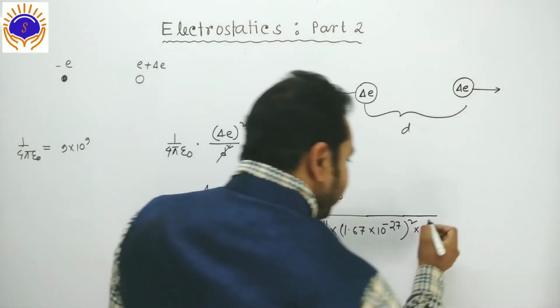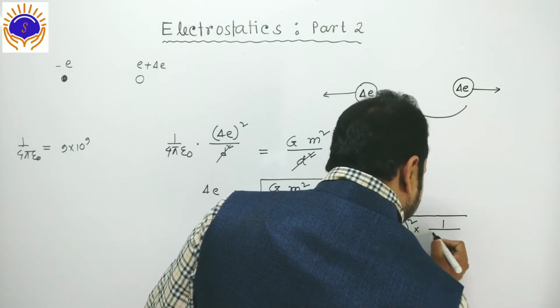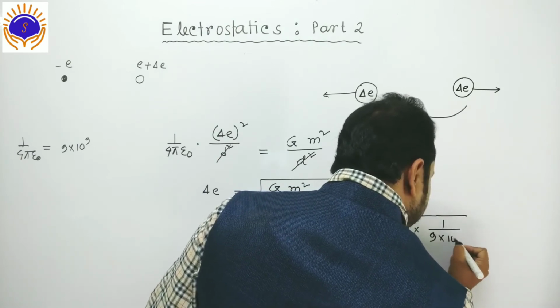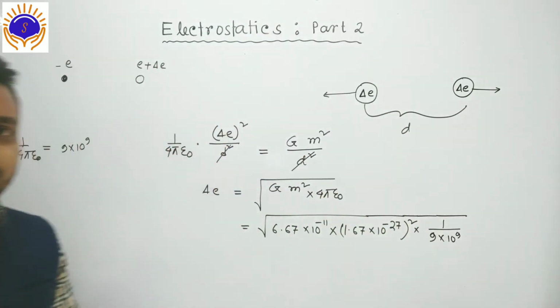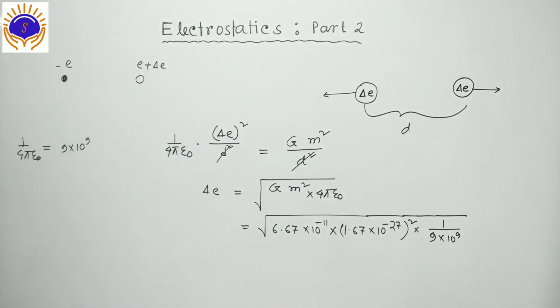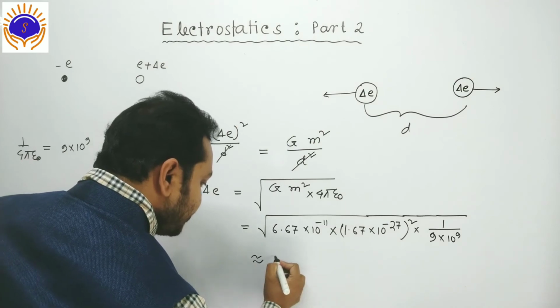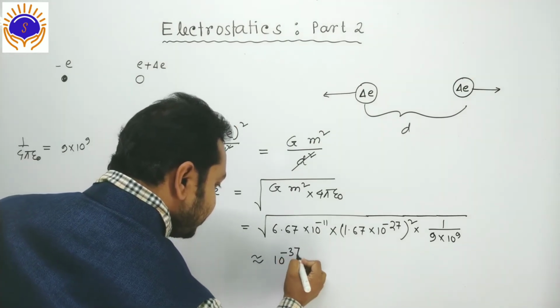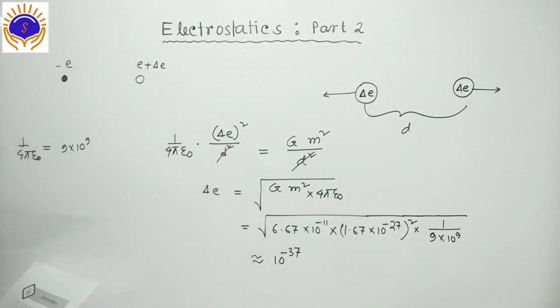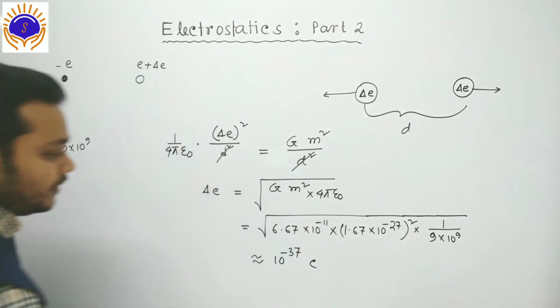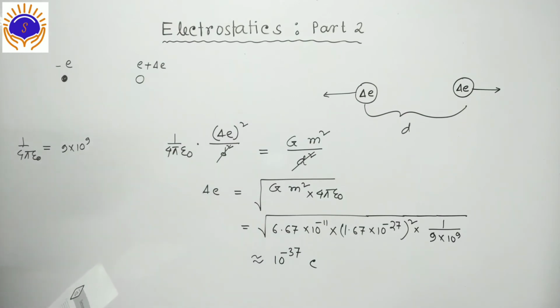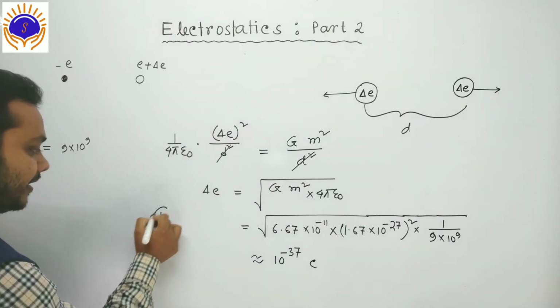So you have to put 1 by 9 into 10 to the power 9. Just calculate this term and you will get the correct option. Here the correct option will be near about 10 to the power minus 37 coulomb. Okay, so the correct option is B.